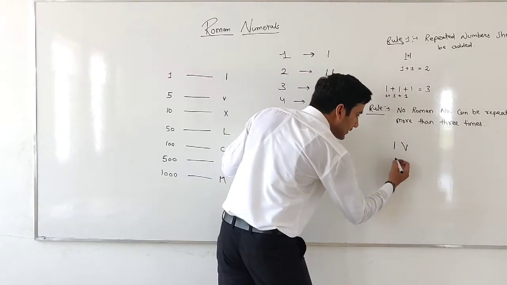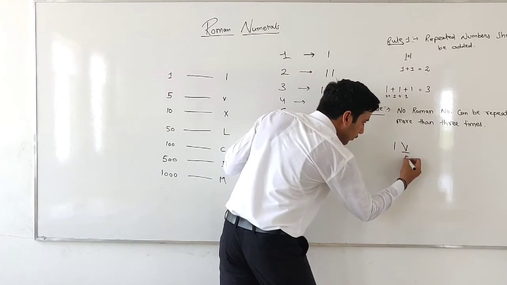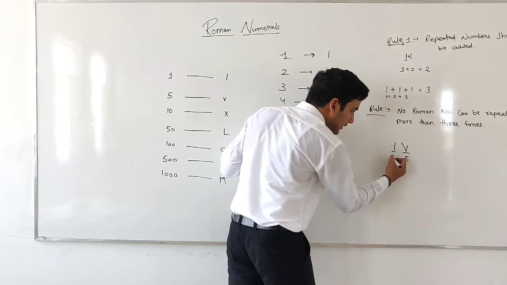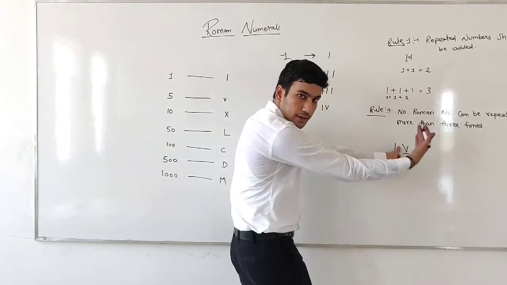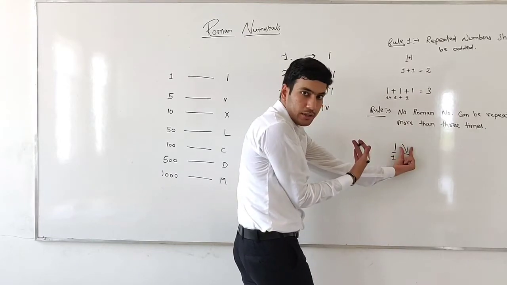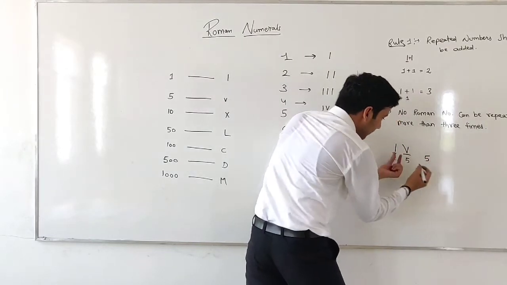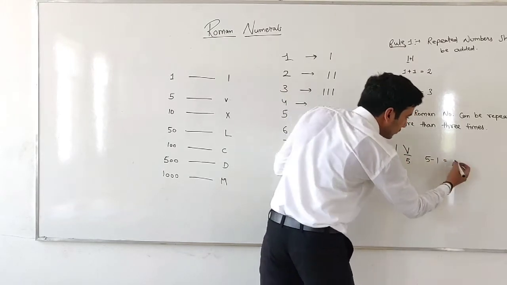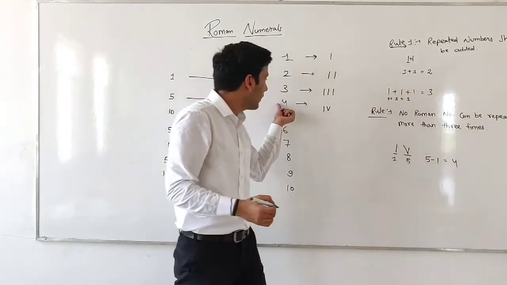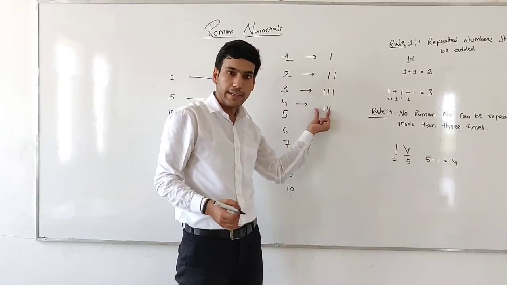This is the Roman number for 5 and this is the Roman number for 1, and you write this Roman number to the left of this greater number. So this Roman number is subtracted from this. That is 5 minus 1 is 4. So the Roman number for 4 is IV.